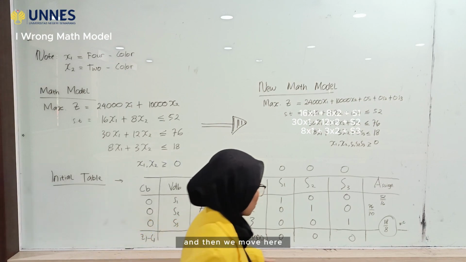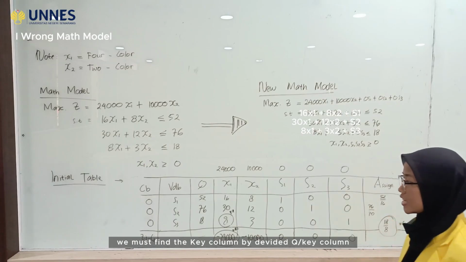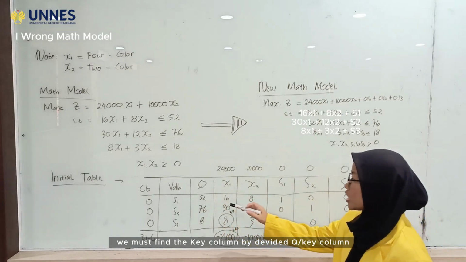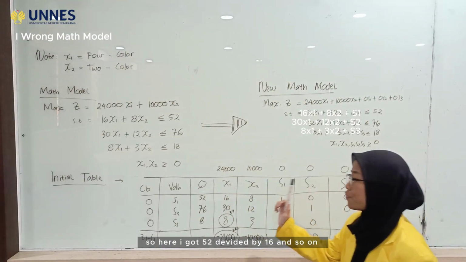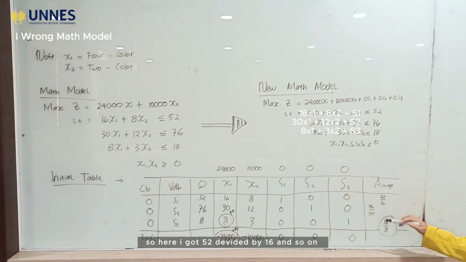And then we move here. We must find the k column by dividing the column of Q values with the column of x1 values. So here I got 52 divided by 16 and so on.